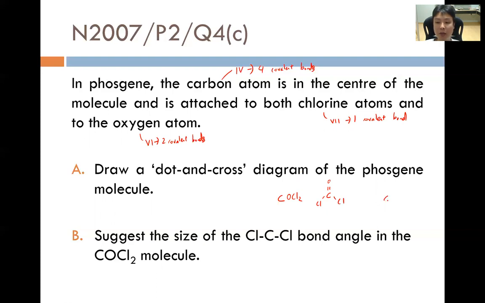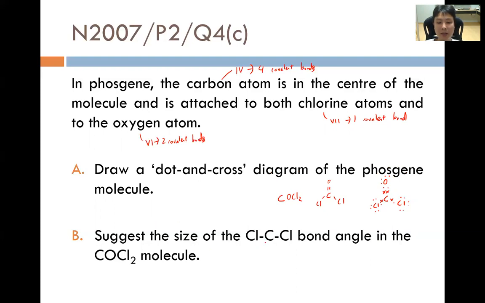If you were to draw the dot and cross diagram, carbon will use 2 of its electrons to share with 2 electrons on the oxygen atom. Therefore, this is a double bond. And then the remaining ones will be single bonds between carbon and chlorine. Remember to include all the electrons of the chlorine atom. Since it's in group 7, there'll be 7 electrons and 7 dots here. So this is the dot and cross diagram of the phosgene molecule.